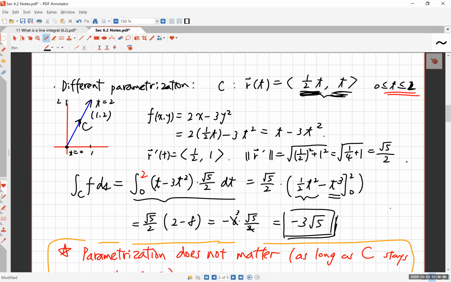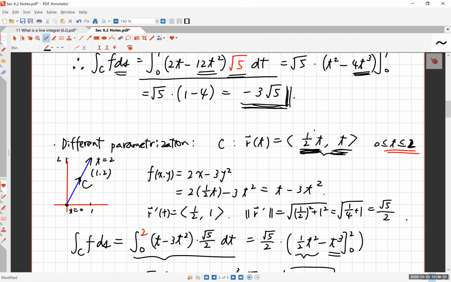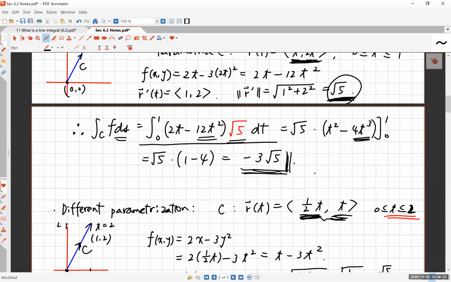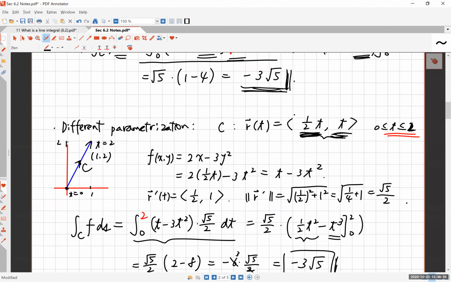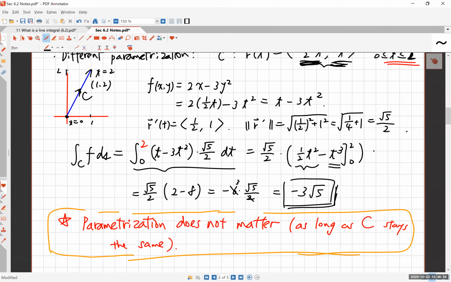Now, you can ask another question. What happens if you go from 0, 0 to 1, 2 in different ways? That's a different question, and we'll address that later. But maybe I should say one thing about this.